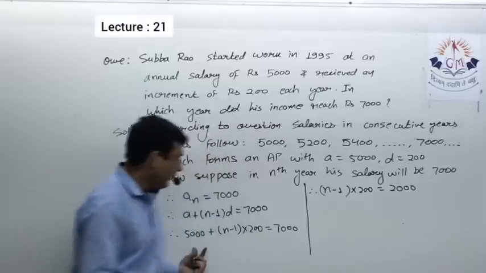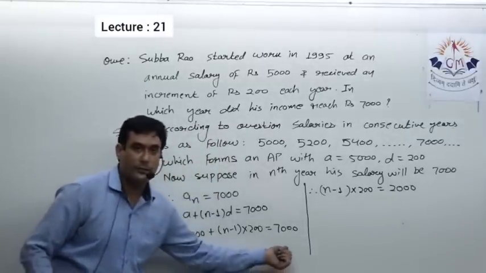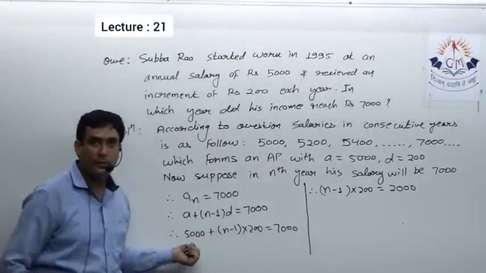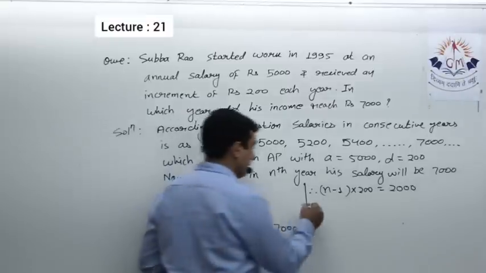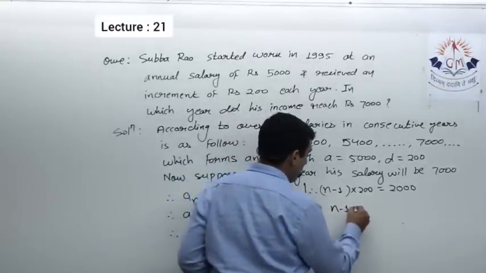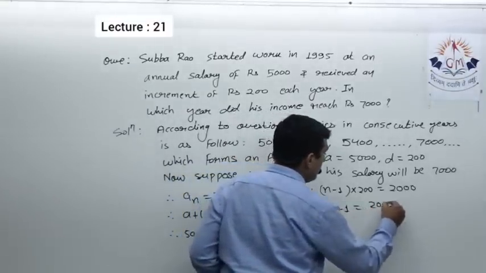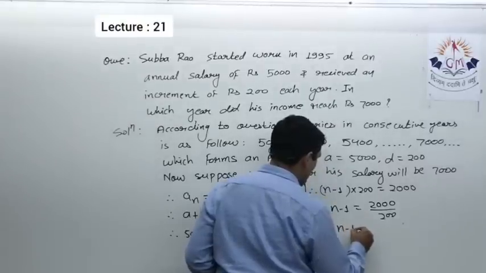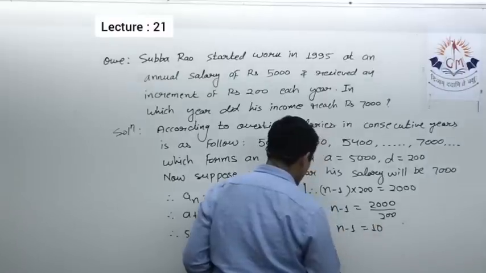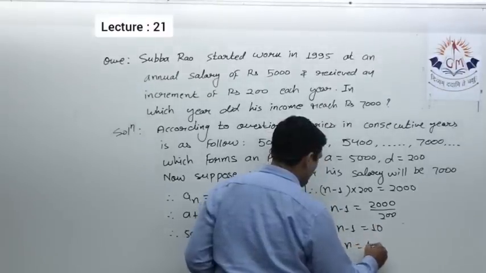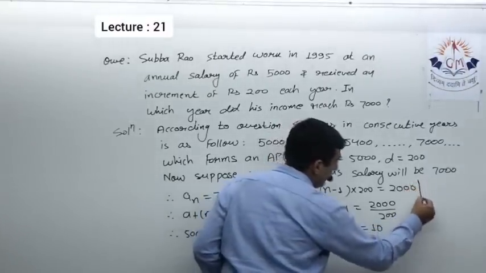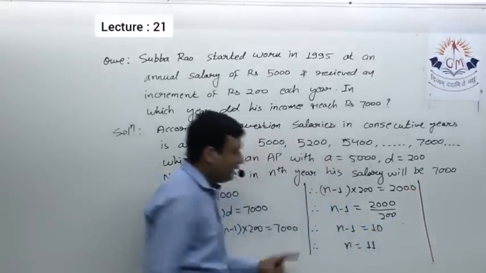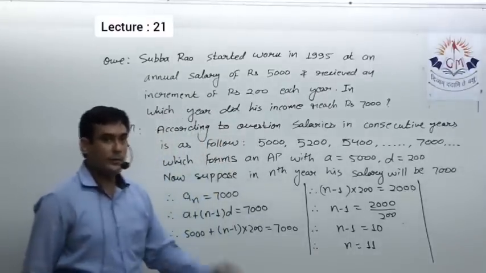When I take this 5,000 to that side, it will become 7,000 minus 5,000, that is 2,000. So I can say n minus 1 is equal to 2,000 upon 200. Therefore n minus 1 is equal to 10, and hence I can say n equal to 11. That means in the 11th year his salary will be 7,000.